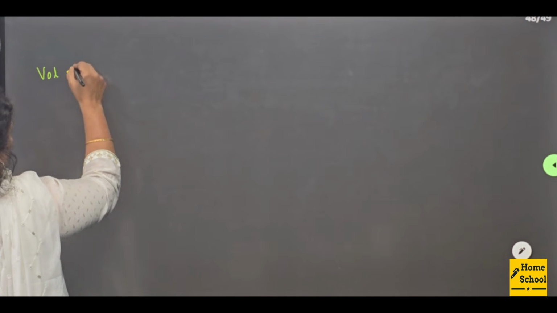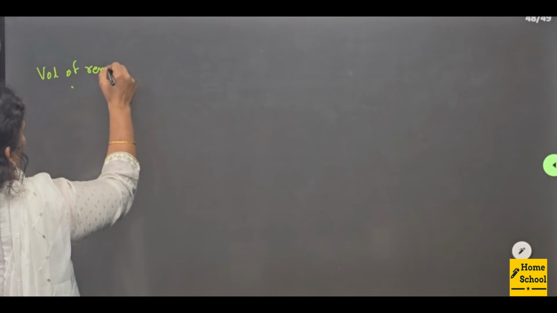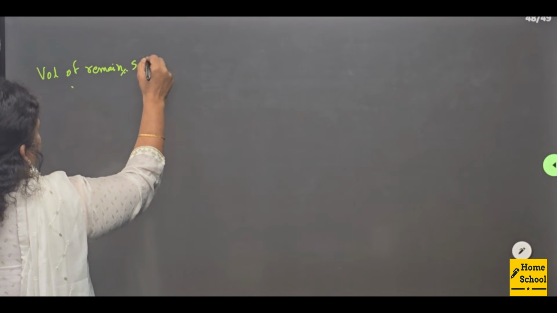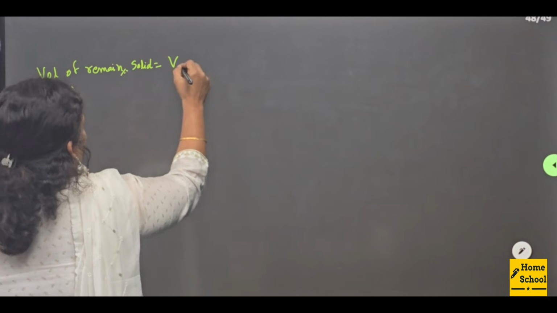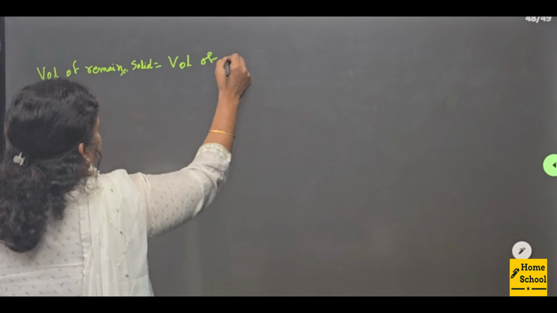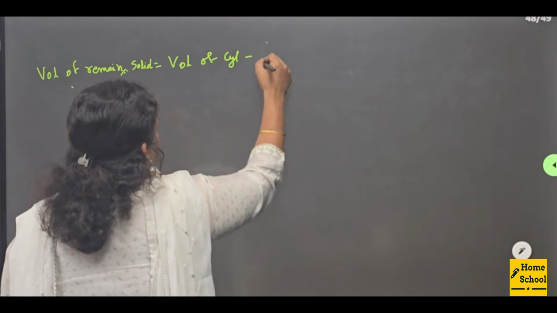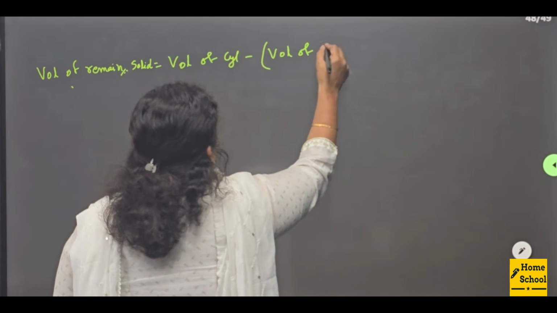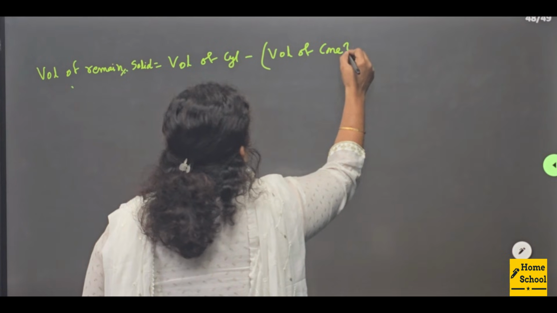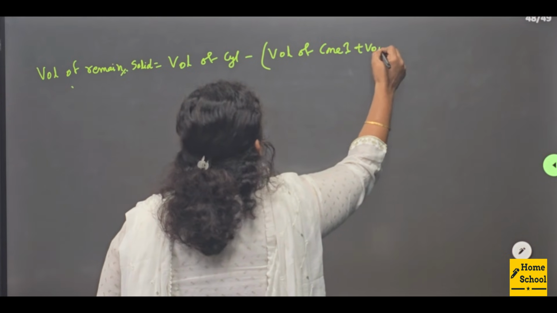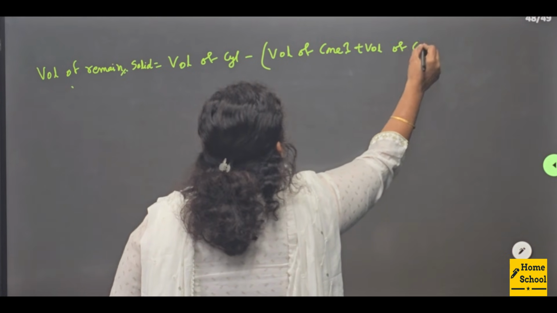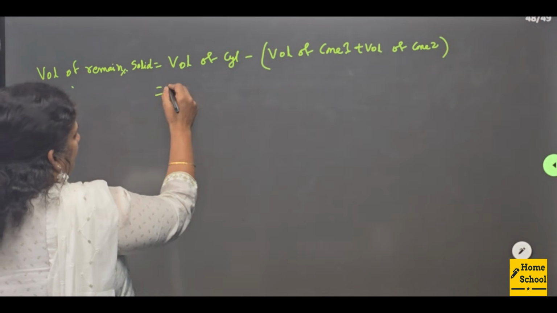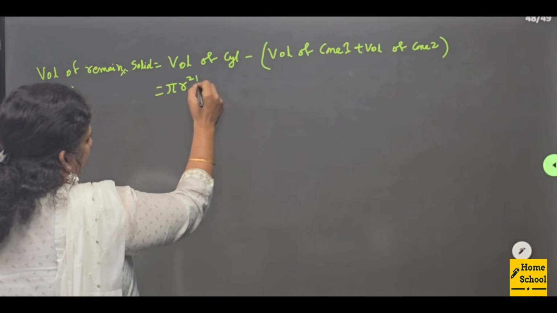Volume of the remaining solid is equal to volume of the cylinder, if you subtract volume of cone 1 plus volume of cone 2. Formula: volume of a cylinder is πr²h3.